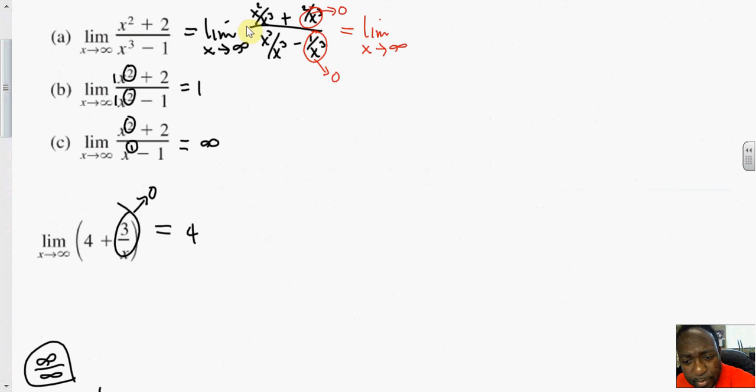And we simplify what we have. This is 1 over x, and this is divided by just 1. The limit as x goes to infinity of 1 over x is 0.